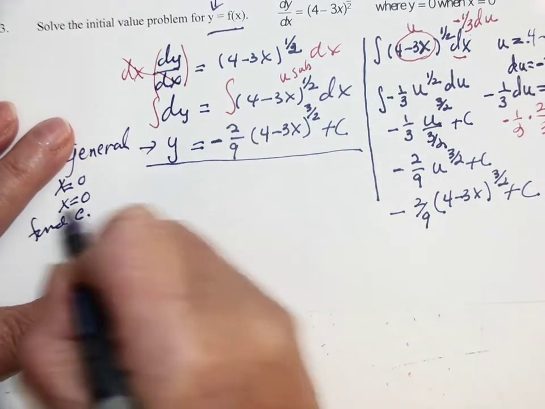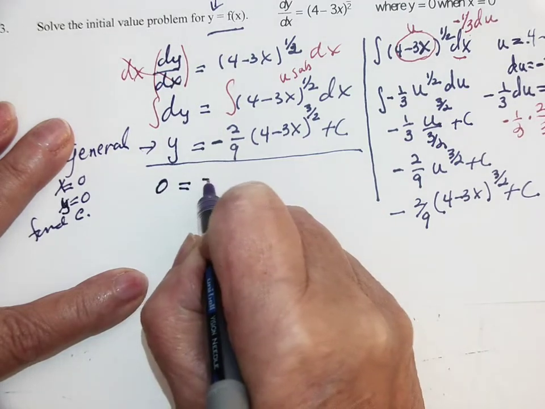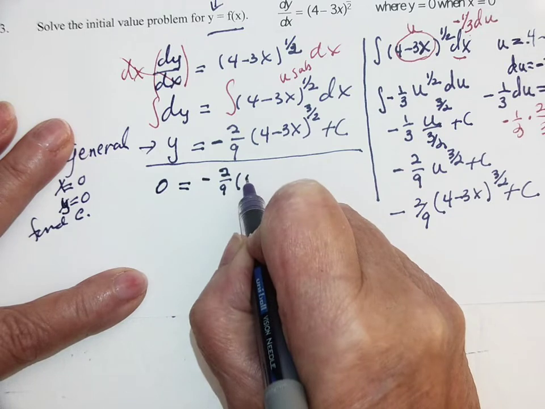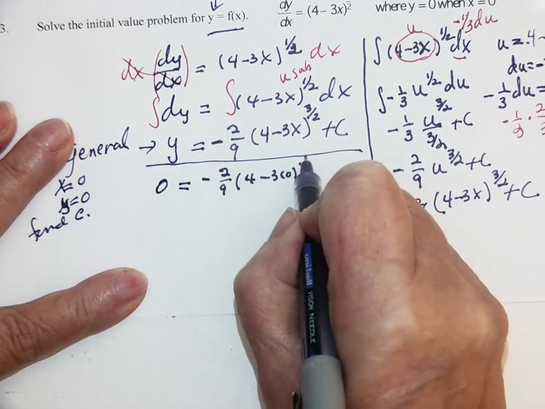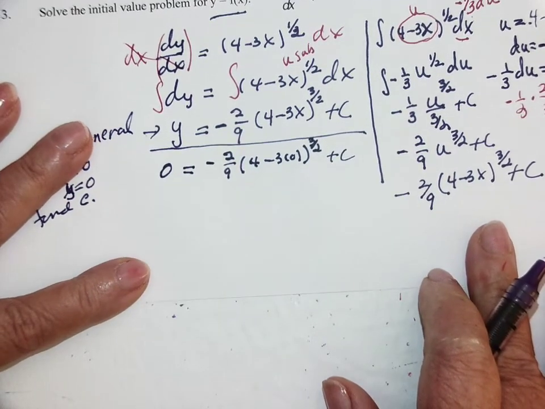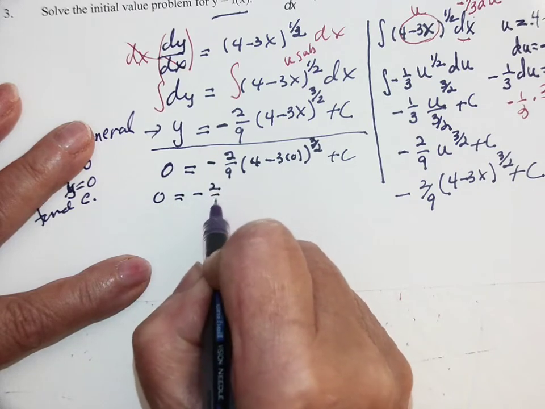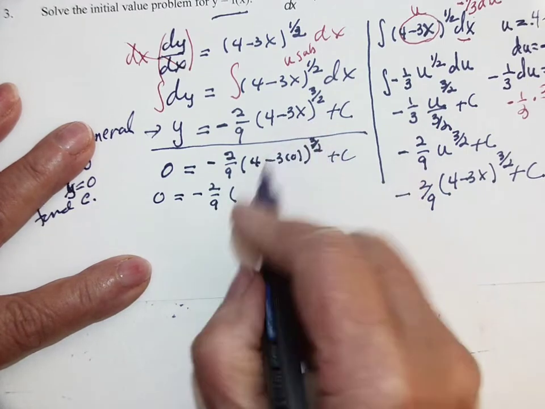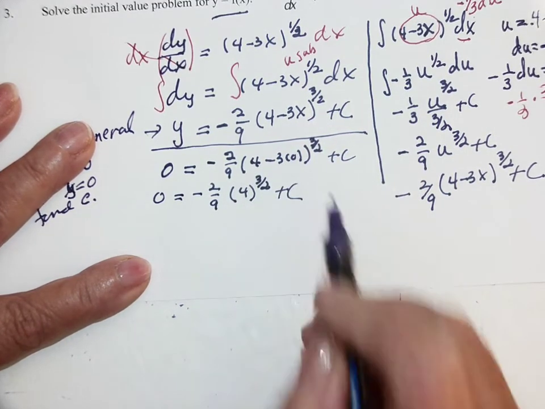So what do I know? I know that y is 0. It's negative 2 over 9 times 4 minus 3 times 0 to the 3 halves plus c. Or 0 equals negative 2 over 9 times 4 minus 0, which is just 4, to the 3 halves plus c.